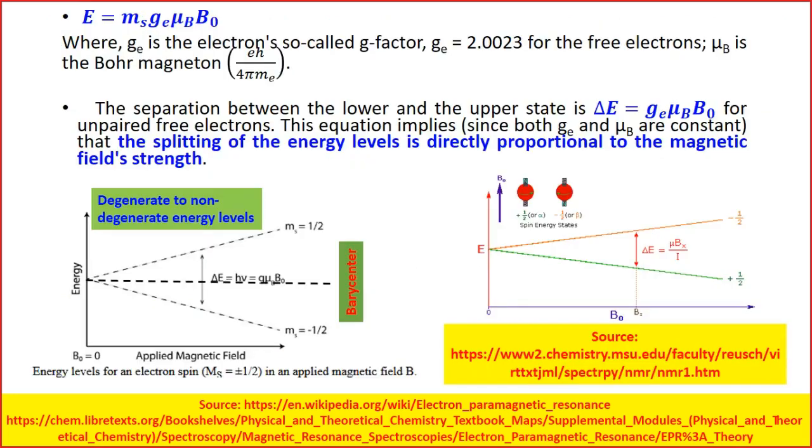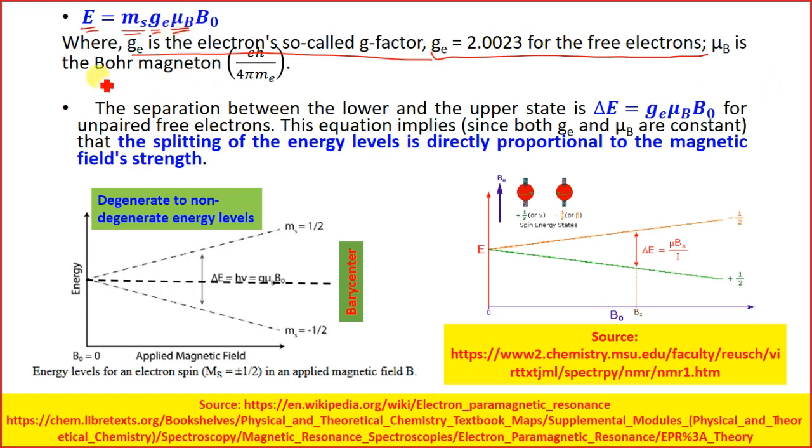No? Okay. So the energy over here, E, is given by ms multiplied by Ge, which is a constant regarded as the Landé factor, and Ge is the so-called electron g factor, and for a free electron Ge is 2.0023, multiplied by mu b.